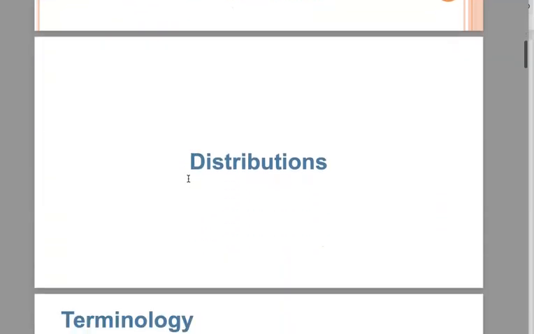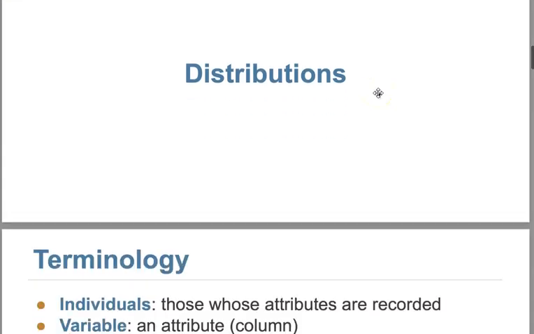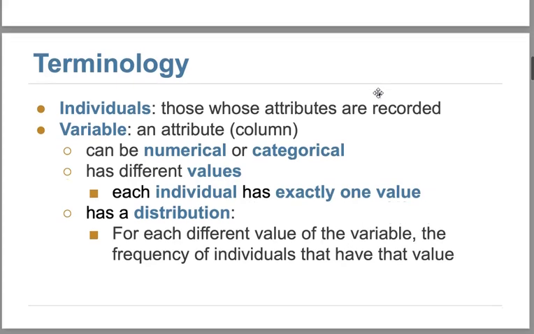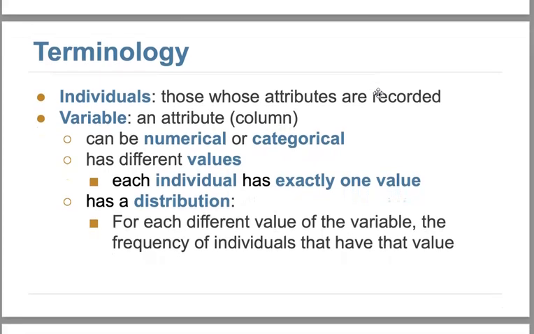Let's talk about distribution. Before defining what distributions are, let's talk about some terminology first. The first one, we need to know what individuals are. We use that a lot in this class. Individuals are those whose attributes are recorded.